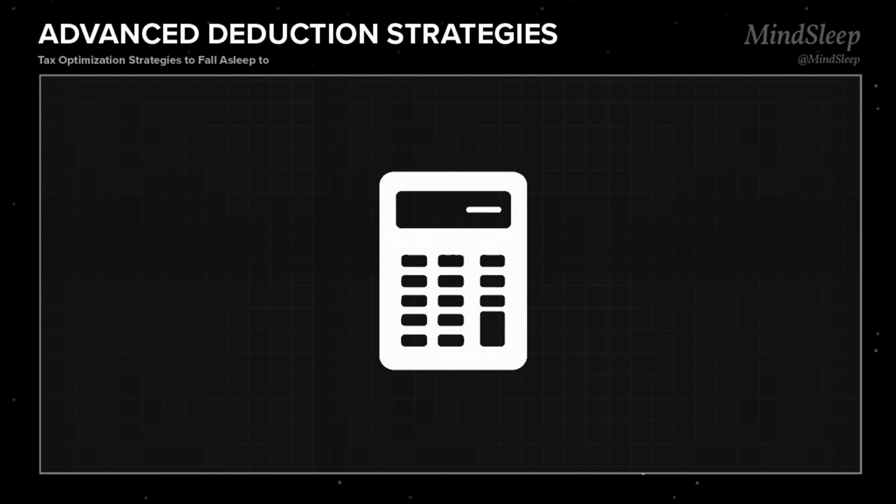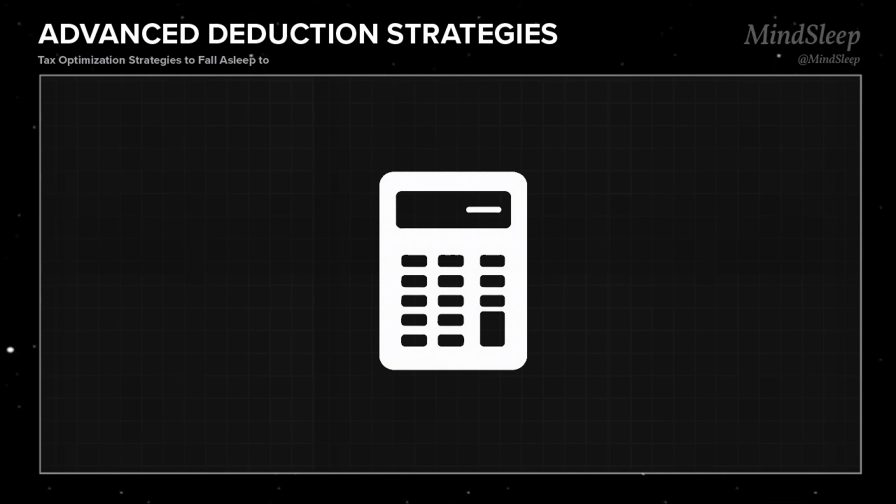As we delve deeper into the intricate world of tax optimization, we now turn our attention to advanced deduction strategies. These sophisticated techniques represent the pinnacle of tax planning, offering powerful tools for those who seek to maximize their financial efficiency within the bounds of the law.